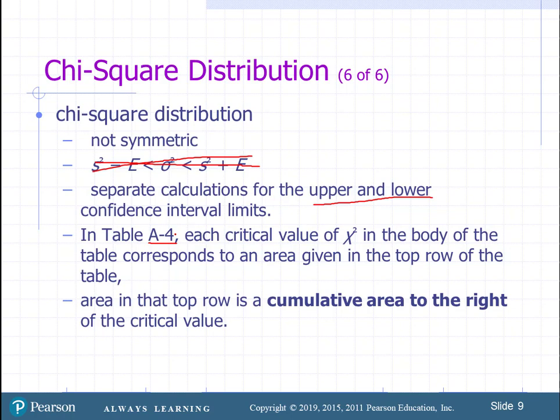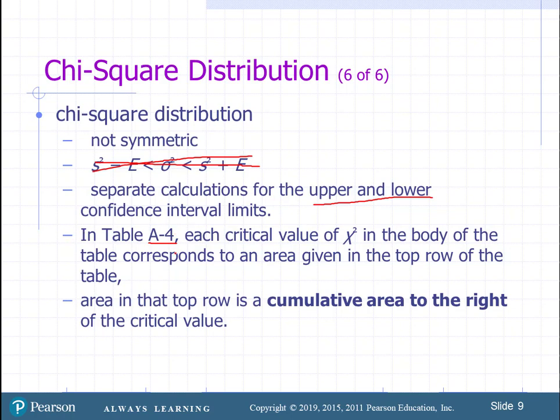The table is also in the back of your book in Appendix A, where we're looking for table A4, on page 687. But use those tables that you printed out, or we're also going to use StatCrunch.